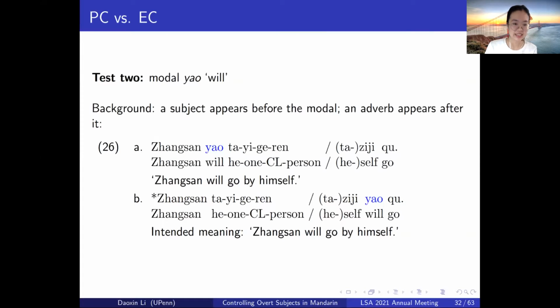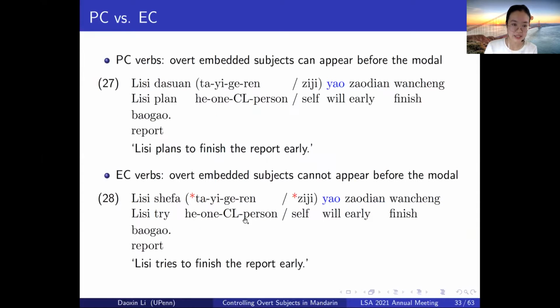And the second test is the modal will. So a subject appears before the modal and an adverb appears after it. So Jiang San will, he one person or himself go is grammatical, but Jiang he one person or himself will go is ungrammatical when we want to say Jiang go by himself. And now for partial control verbs, the overt embedded subjects can appear before the modal.